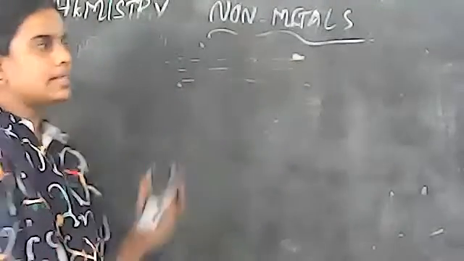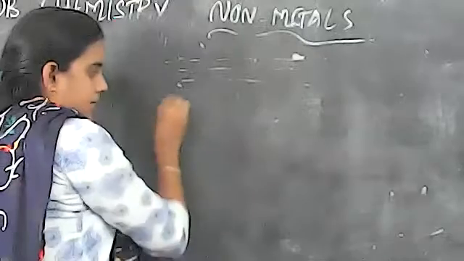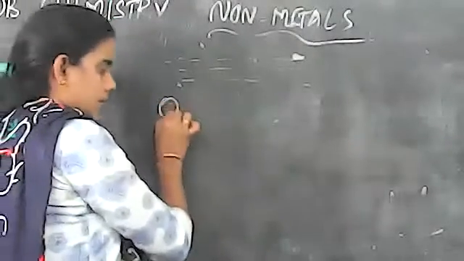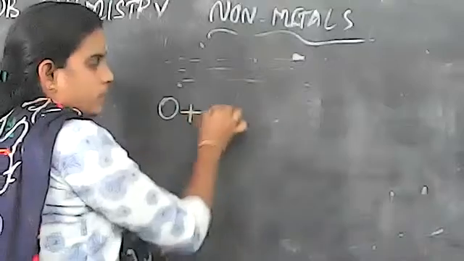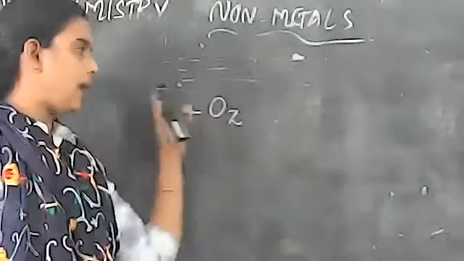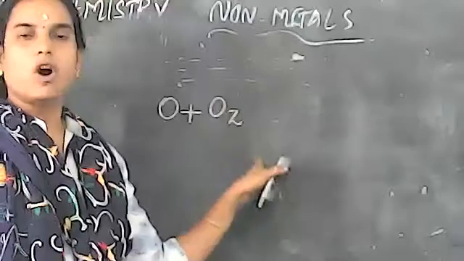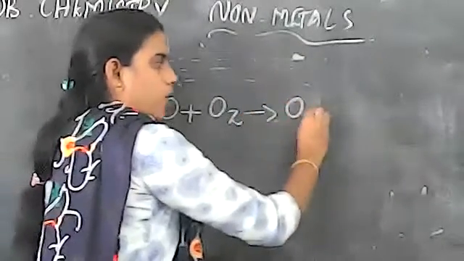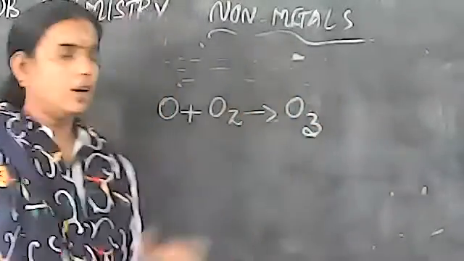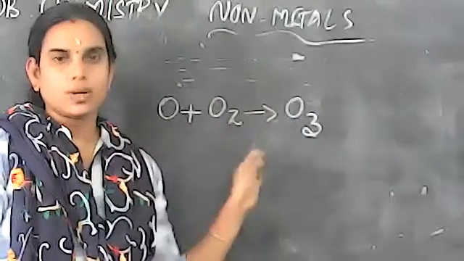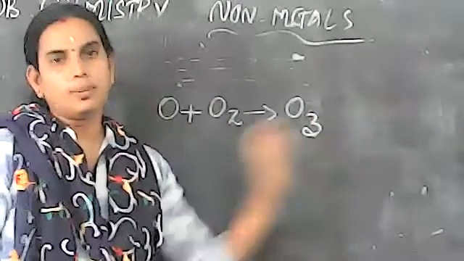In this atmosphere, an oxygen atom combines with an oxygen molecule, O2, to produce ozone, O3. So an oxygen atom and an oxygen molecule combine together to form an ozone molecule.